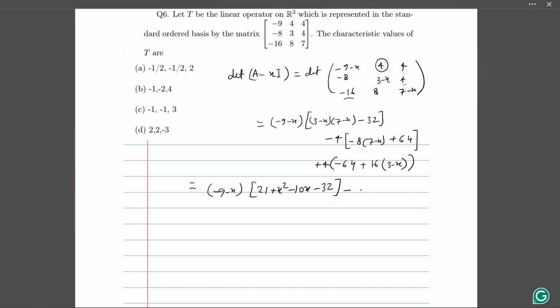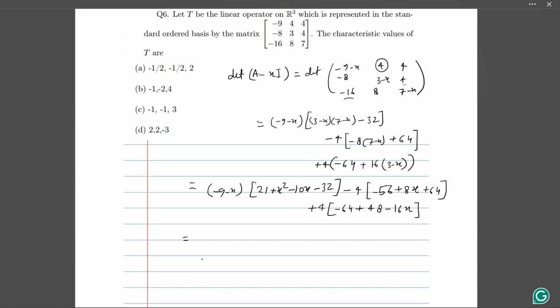As it is, minus 4 times minus 56 plus 8x plus 64, plus 4 into what is inside: minus 64 plus 48 minus 16x.